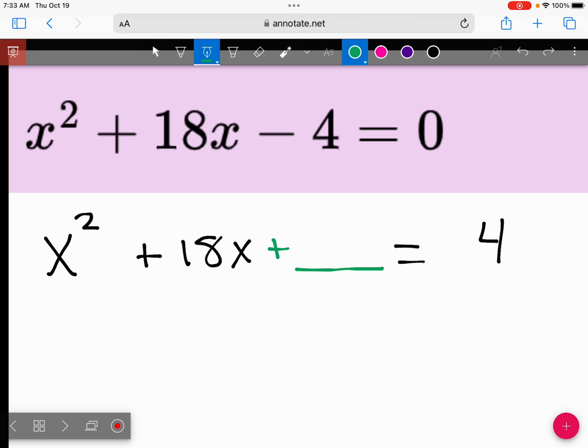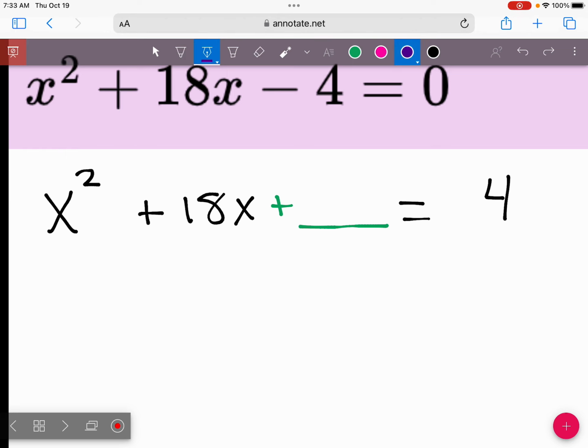So just like we did on the other side, what number would need to be here to make this guy be a perfect square? So if we have this one be x squared, question mark here, not 3, but we're on the right track.